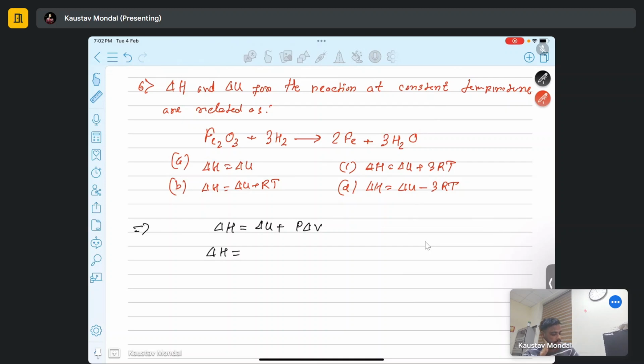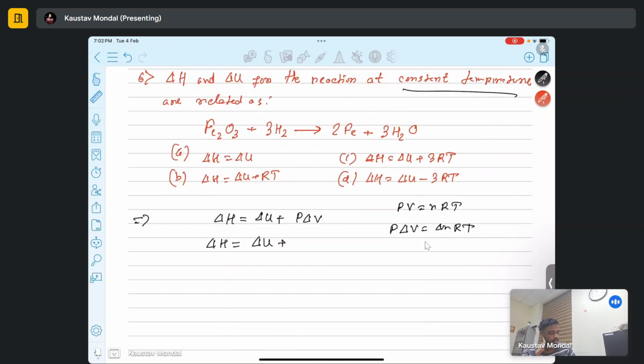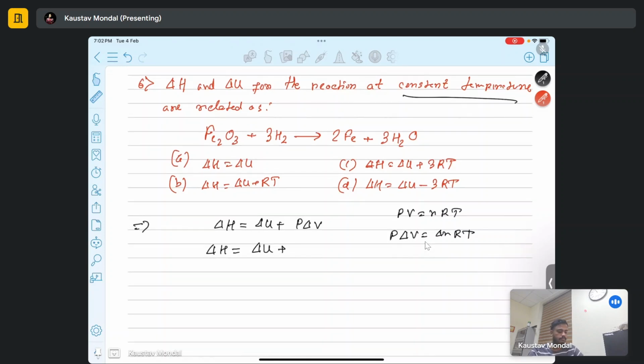Delta H would be equal to delta U plus P delta V, and from the ideal gas equation, PV equals nRT. So P delta V will be delta N times RT, because the temperature is already mentioned in the question to be fixed. So delta N is the only thing that can change.